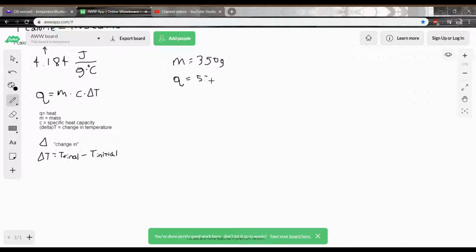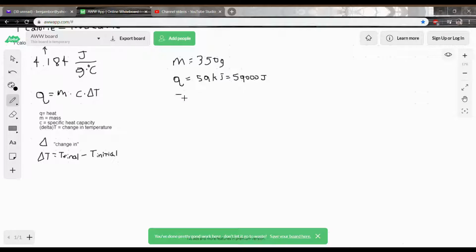Remember, kilo means 1,000, so we're going to go ahead and rewrite this as 59,000 joules. We're also told that the horseshoe started out at a temperature of 22 degrees Celsius.